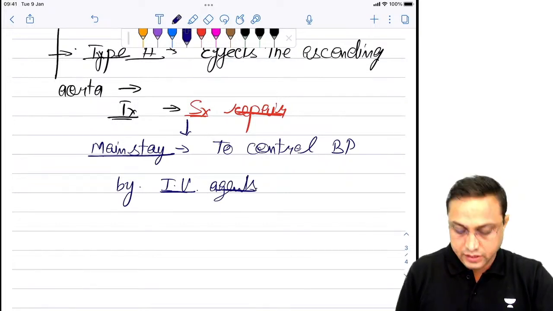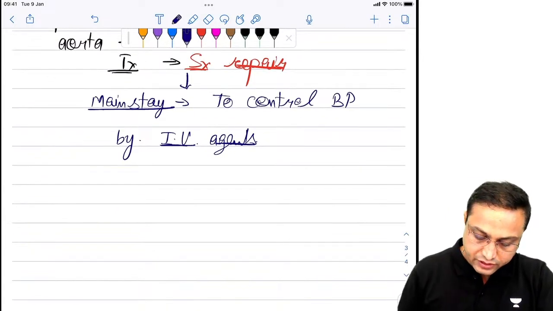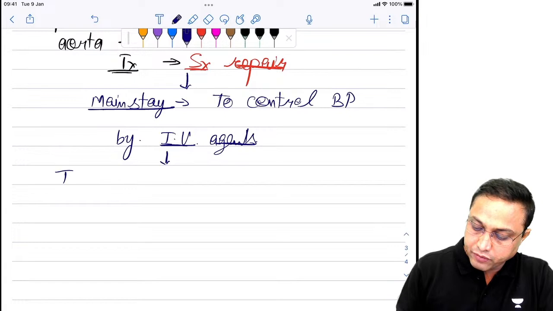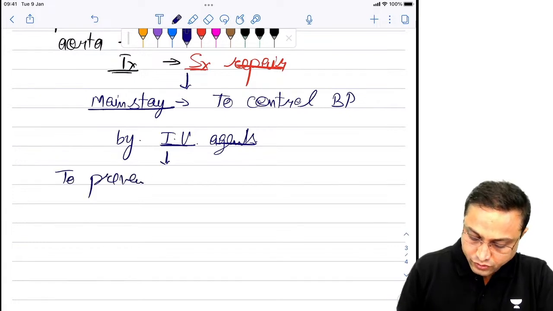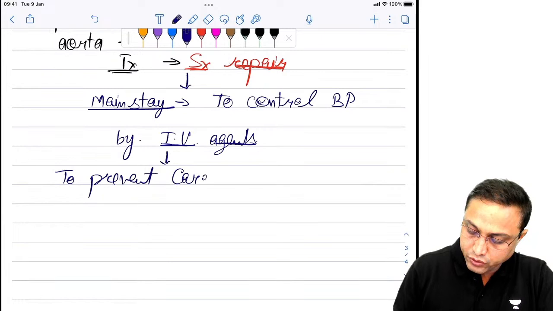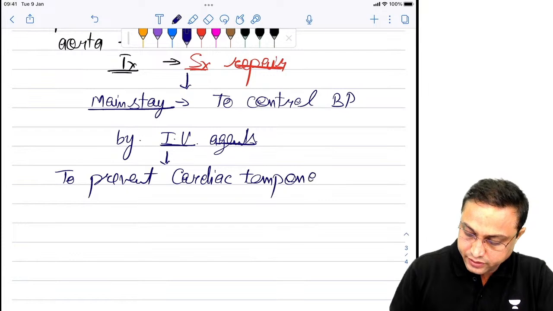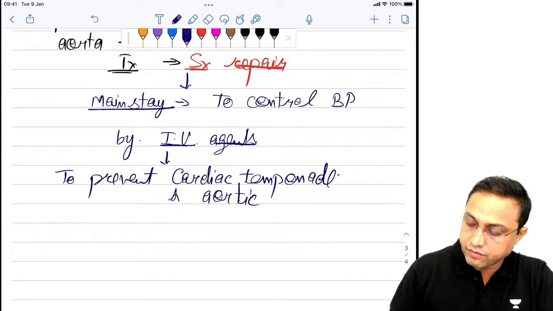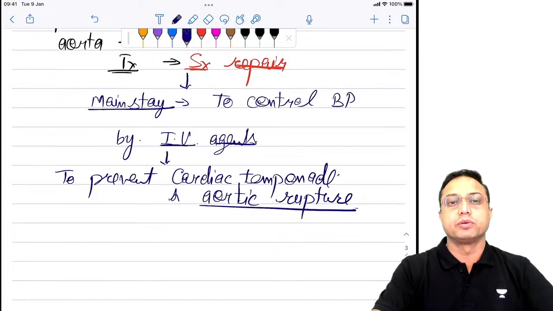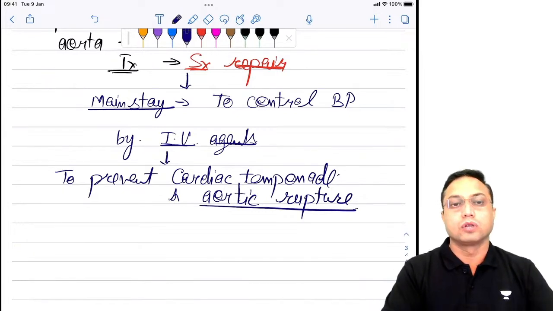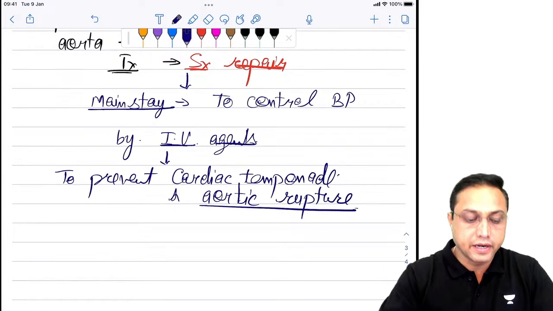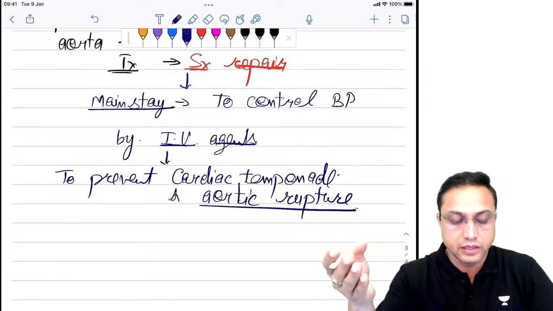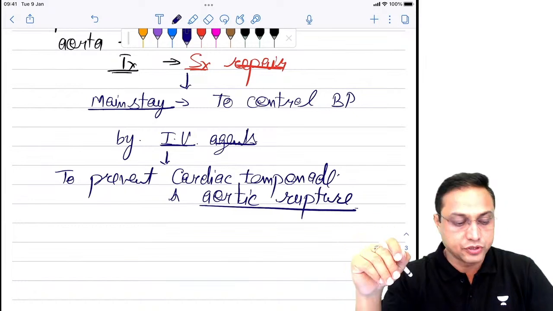To quickly prevent cardiac tamponade and aortic rupture. These agents lower the blood pressure, and obviously they prevent cardiac tamponade and aortic rupture.